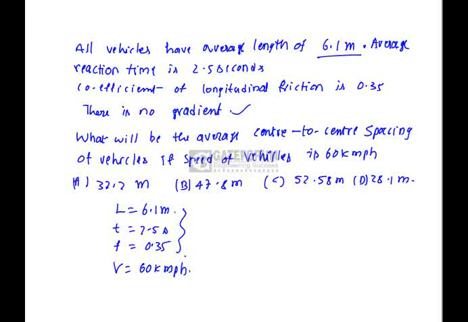So the minimum spacing gap that can be provided is 0.278 Vt, where V is in kmph.